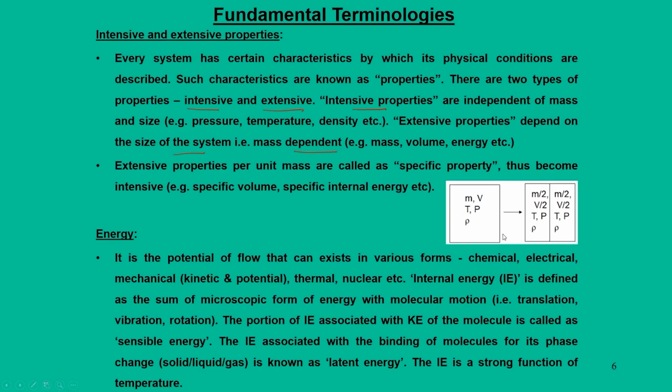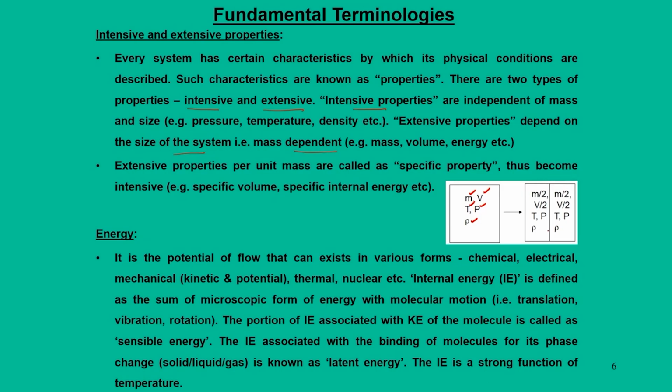For example, to see which property is intensive and which is extensive, let us take a container or rigid system which has volume V, temperature T, pressure P, mass m, and contains a gas which has a density rho. Now, what do we do? We make a partition. This is your initial state, and this is the partition state. When you make a partition, mass may become half.